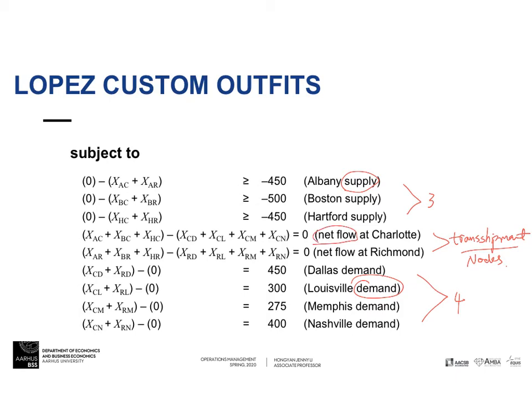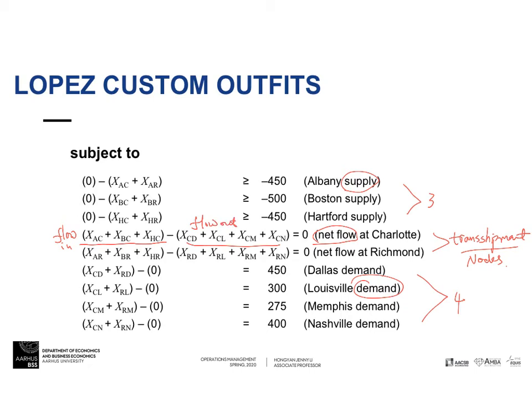In these transshipment nodes, we know they have both flow in and flow out. So you have the total from A, B, H, the 3 supplies. This becomes the flow in for the transshipment nodes, and these are the flow out.